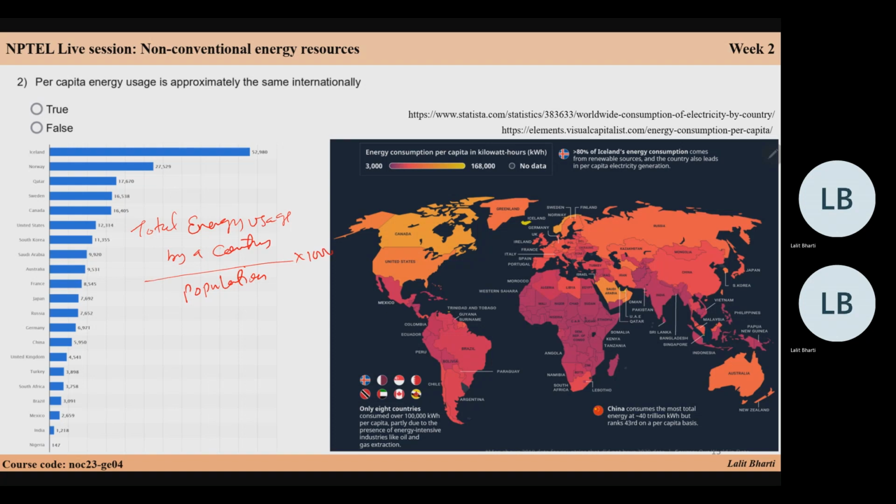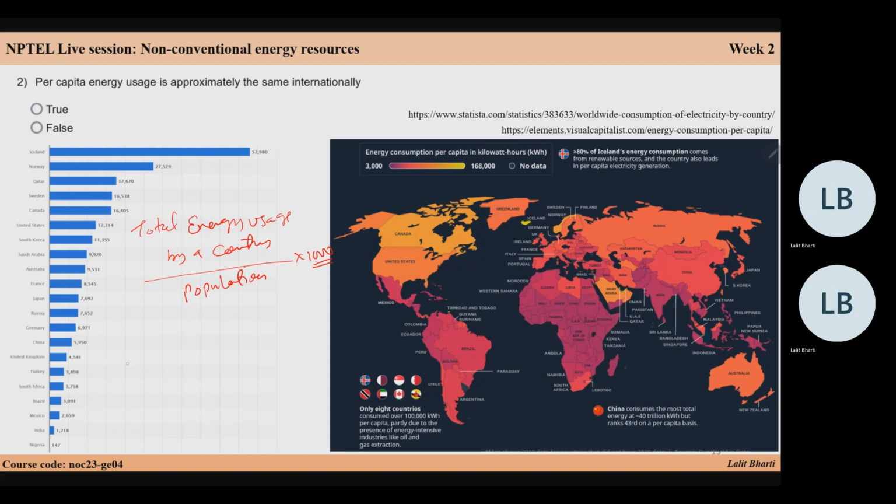It can be multiplied by 1000. So basically, the per capita energy usage is the energy consumption or energy use per 1000 people in that country.